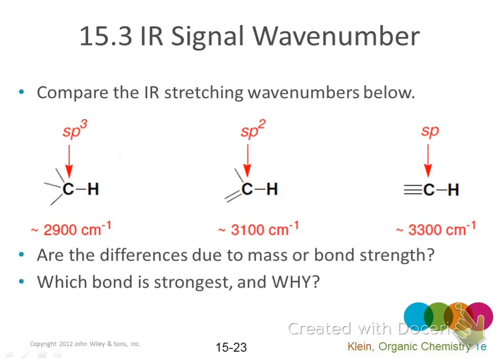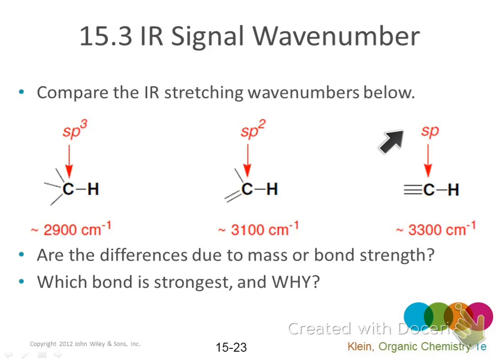Aliphatic just means sp3. Vinyl or aromatic is sp2, and then alkynes are sp. So it turns out, if you think about it, when you have sp3 orbitals, they're actually longer than sp orbitals.